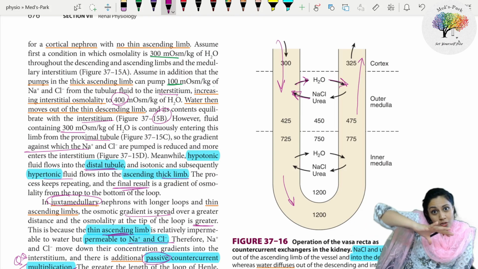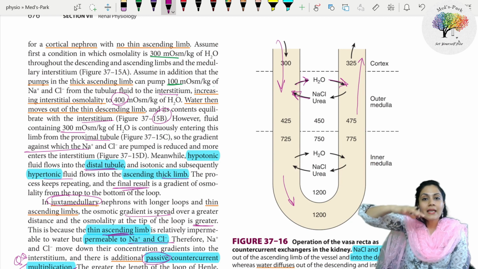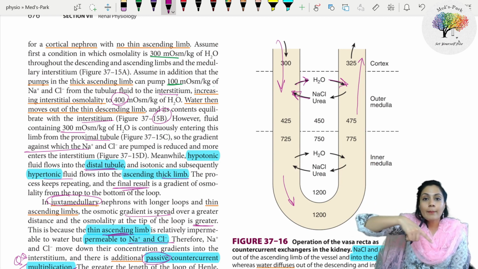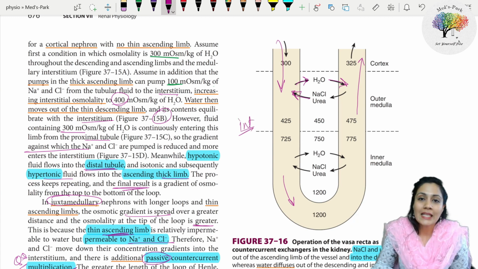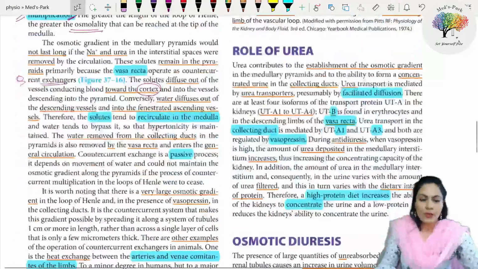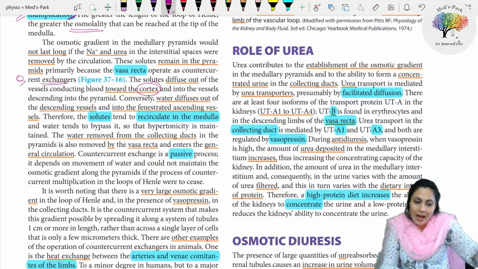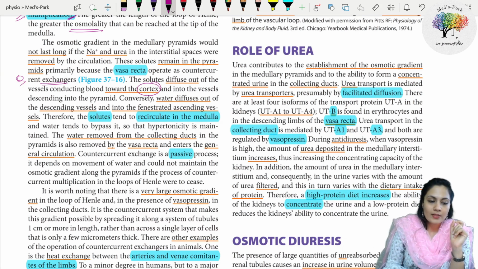That means the capillaries moving upwards are taking the water in, so they are not allowing the hypertonicity to get diluted in the interstitium. So they are maintaining the hypertonicity. Okay, so that's what the text is telling us. The solute diffuses out of the vessel conducting blood towards the cortex, right? And into the vessel descending into the pyramid. It is going in when it is going towards the pyramid.